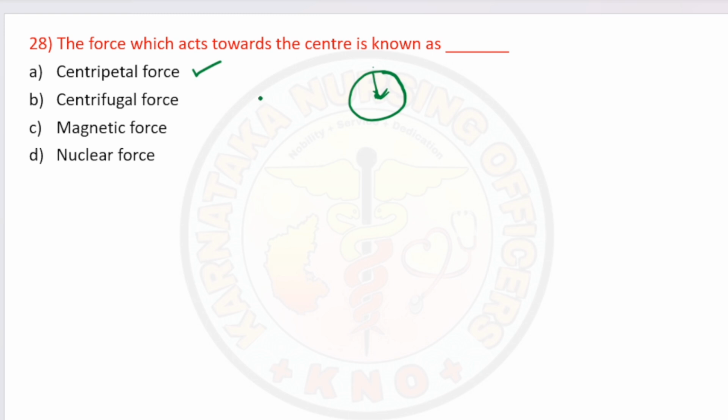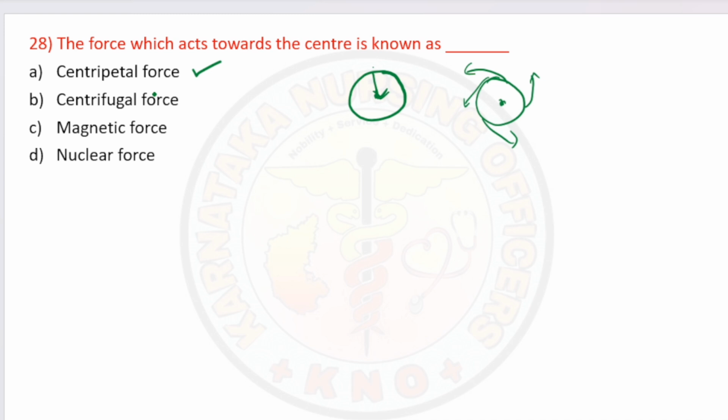And what is centrifugal force? It is away from the center, like this. So this force is called centrifugal force. The force which acts away from the center along a circular path or circular motion is called centrifugal force.